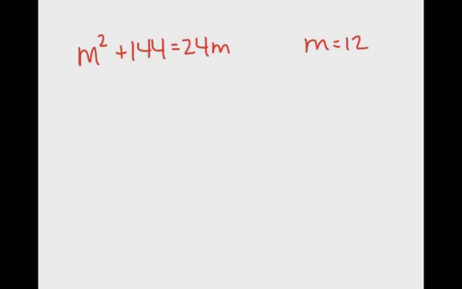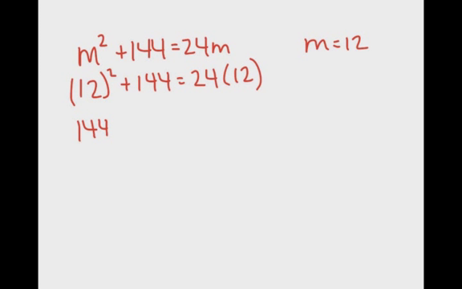Alright, so we got a fresh page here. So m equals 12. Let's plug that in. We have 12 squared plus 144 equals 24 times 12. Alright, so 12 times 12 is 144 plus 144, and that equals 24 times 12, which is 288.